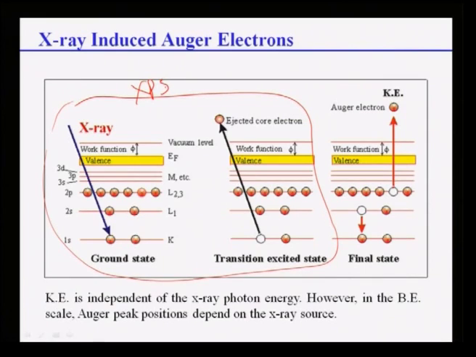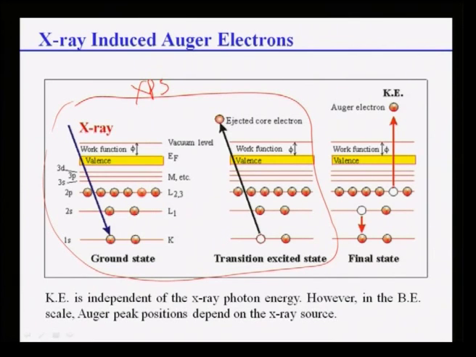Now in the last schematic diagram, what is happening? If this level becomes vacant by ejecting the electron out with the X-rays, a higher level electron, suppose at the L1 level, can fall back into the K level, thus releasing certain energy.